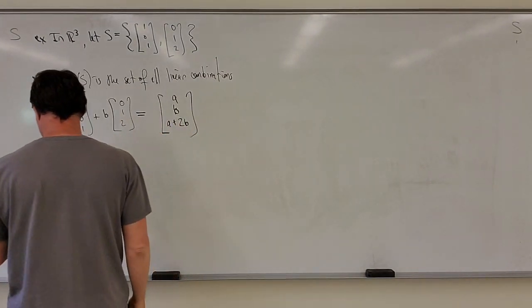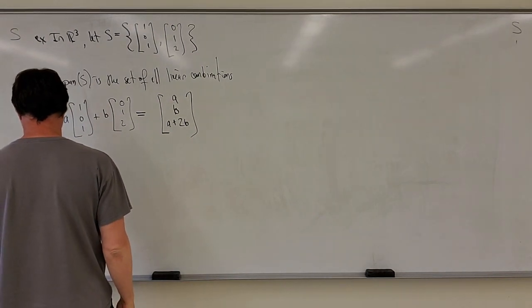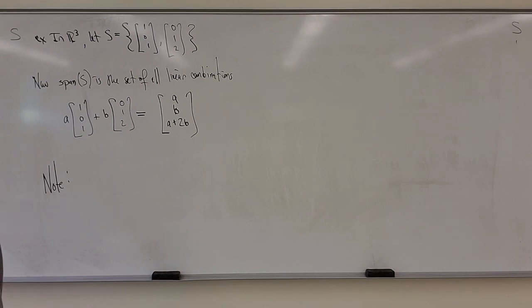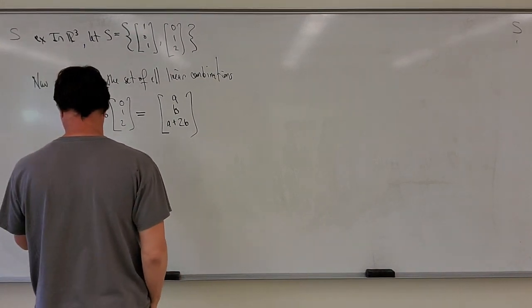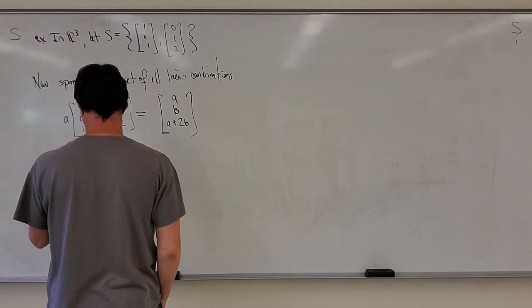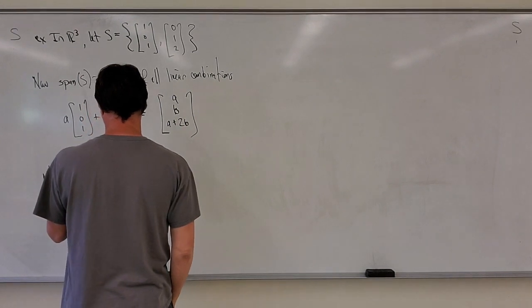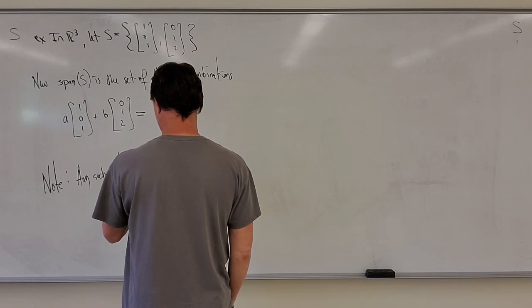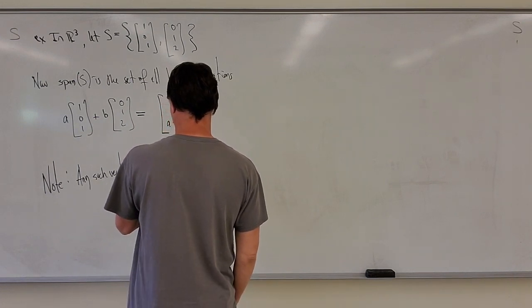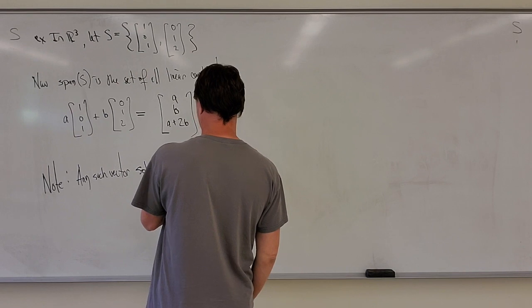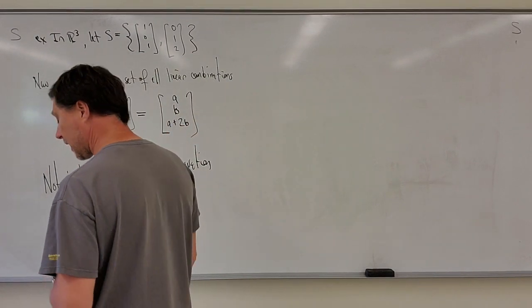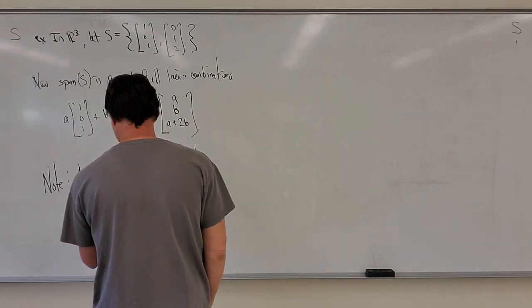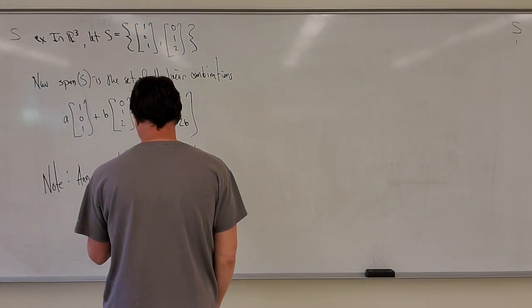Now, what I want you to notice is that any such vector solves the equation x plus 2y minus z equals 0.